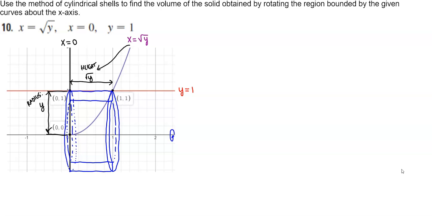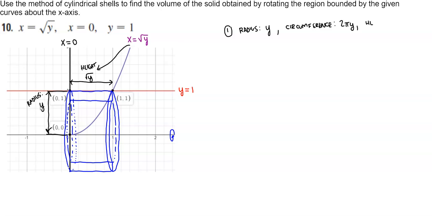So first thing we're going to do is write out that the radius is y, and the circumference of that cylindrical shell would be the distance around that, and that's going to be 2 pi r, but our radius is y, so therefore it's 2 pi y.